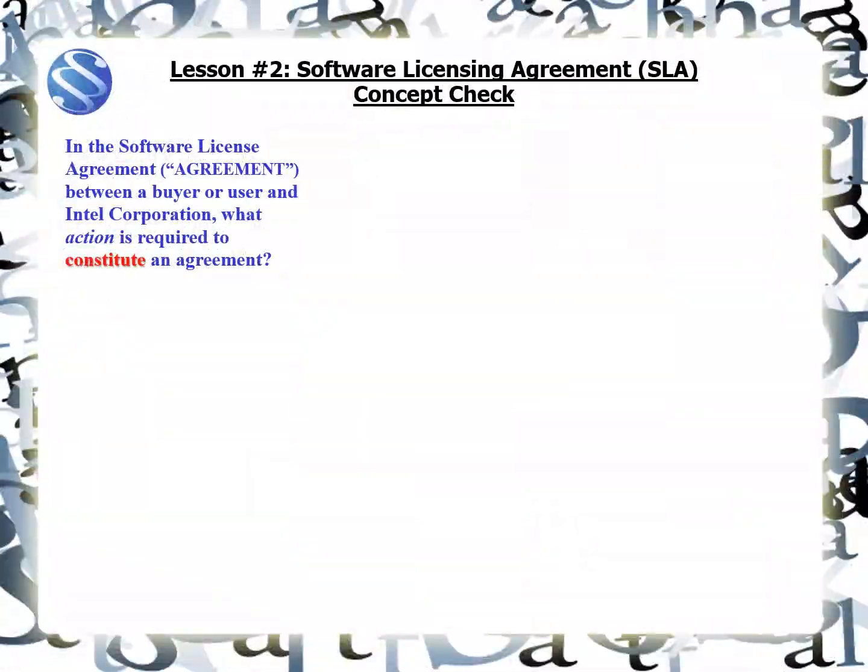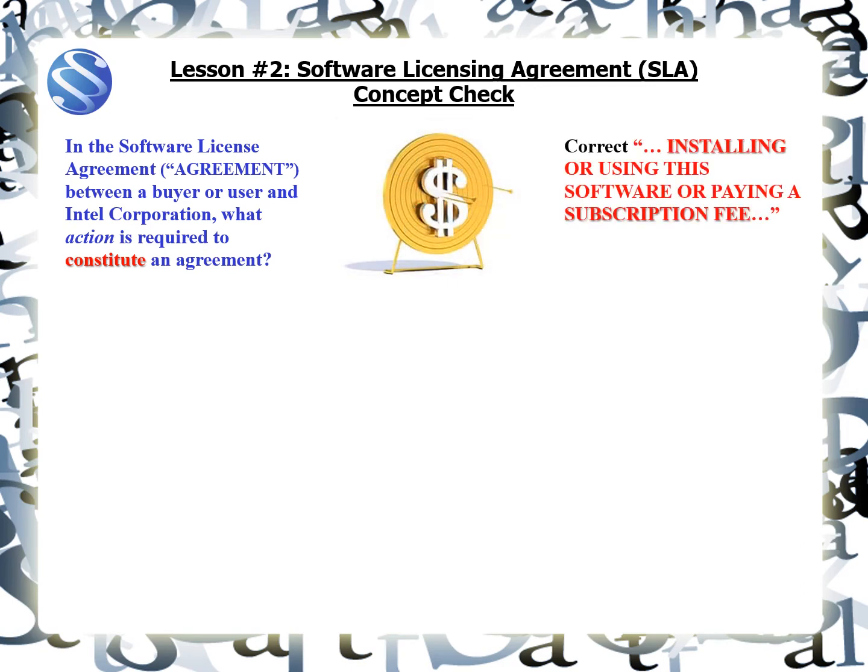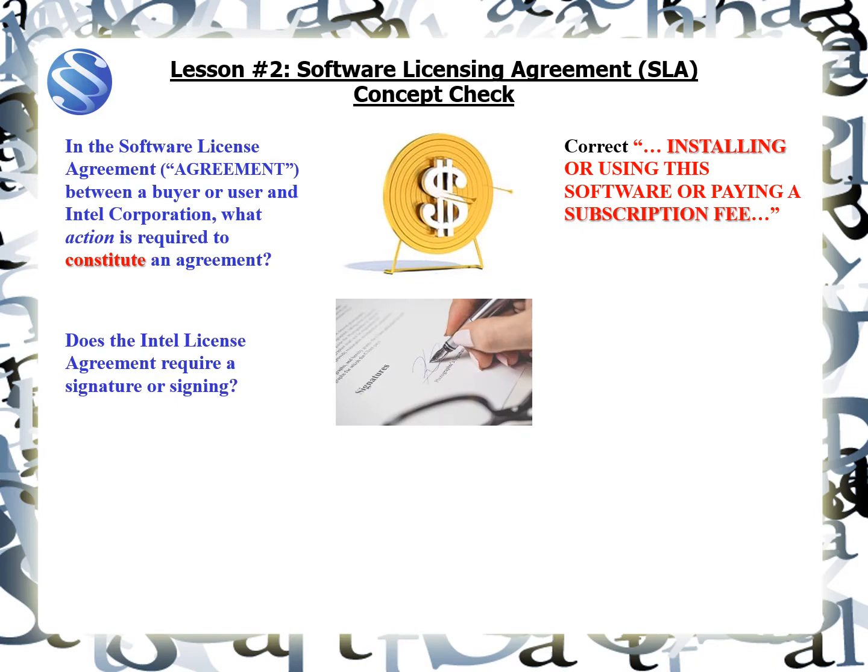Now let's continue our concept check for constitute. In the software license agreement, parentheses agreement, between a buyer or user and Intel Corporation, what action is required to constitute an agreement? Correct. Installing or using this software or paying a subscription fee. Does the Intel license agreement require a signature or signing?